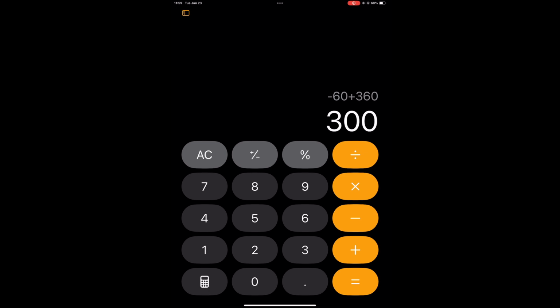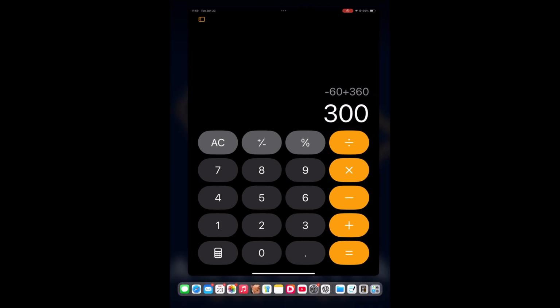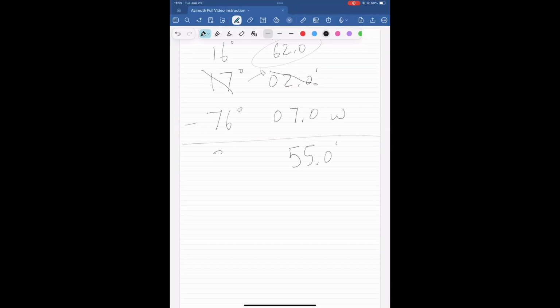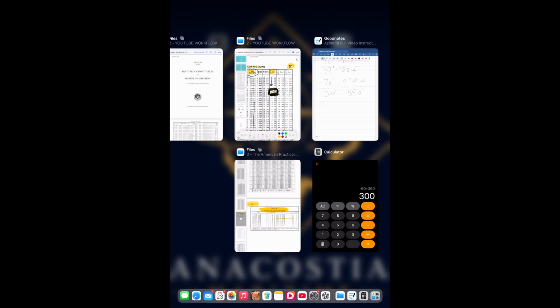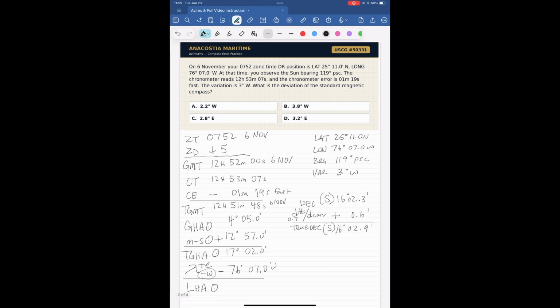So in this instance, we added the 360 to our negative number, and we got 300 degrees. So we have an LHA of 300 degrees, 55 minutes. All right, now we've worked out the first steps of our problem. I'm going to then highlight this.